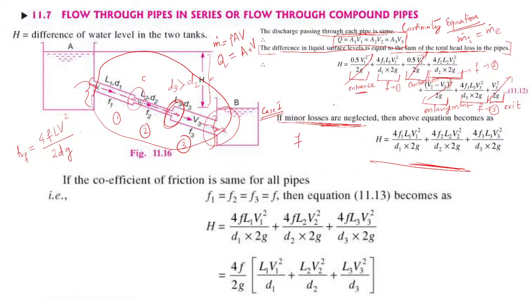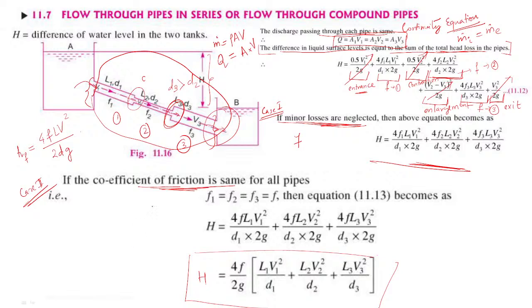Okay. Now there is another case, case 2 I can say. If they say consider the frictional loss, or the coefficient of friction, is the same, right? Then finally you will have this formula. Now you can ask me, ma'am, whether we have to memorize this formula.